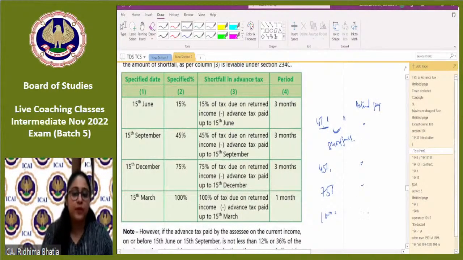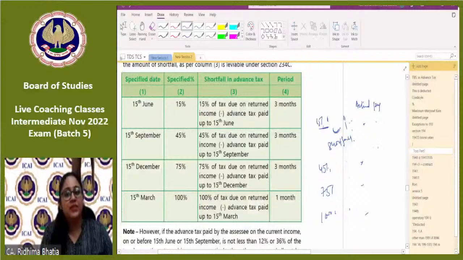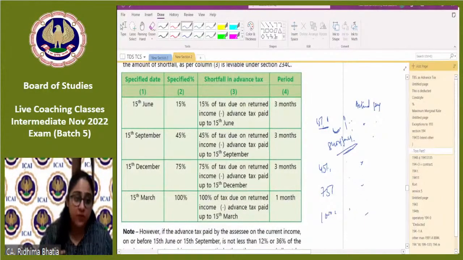So suppose you had to pay 10,000. We take example 10, 15, 15 and 11. Suppose you did not pay these. You paid 5, you paid 6, you paid 7, you paid 3. ऐसे you paid.